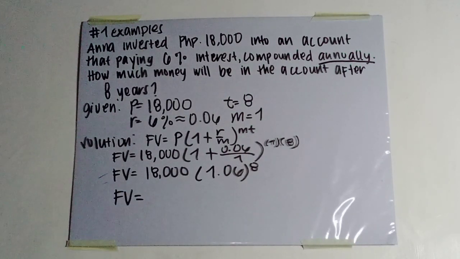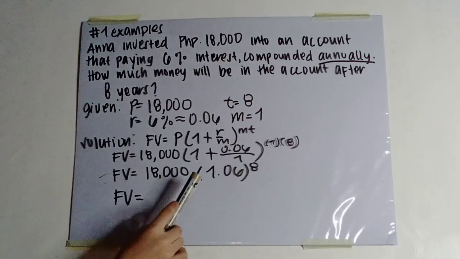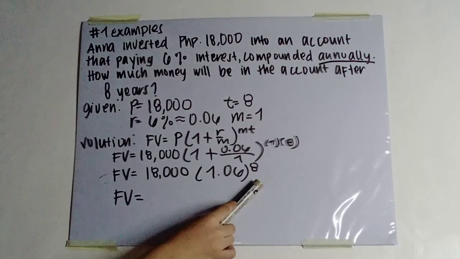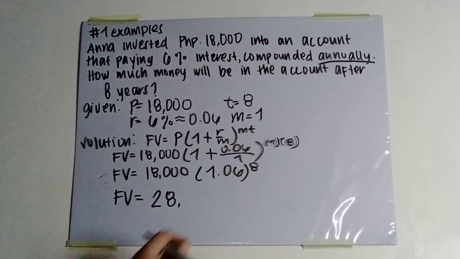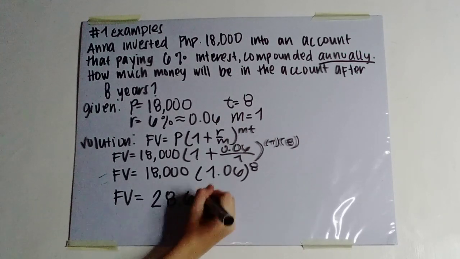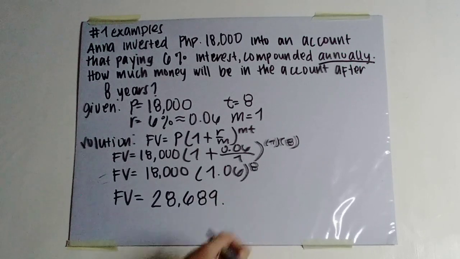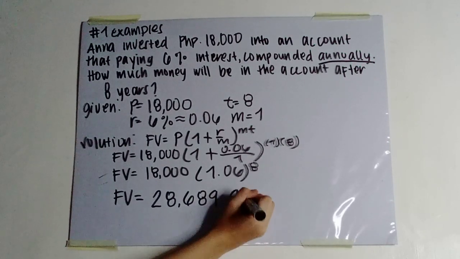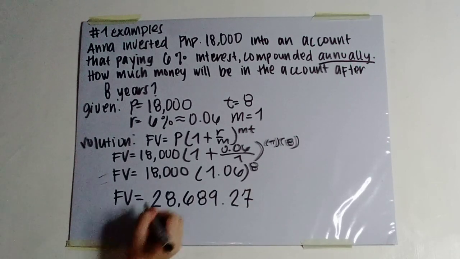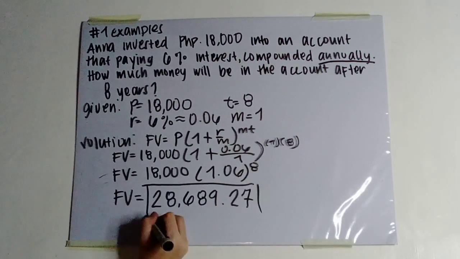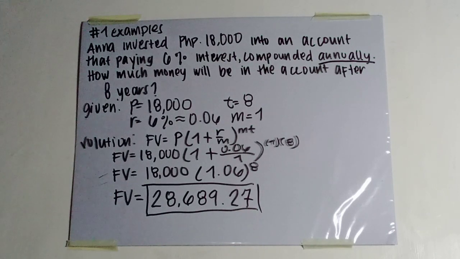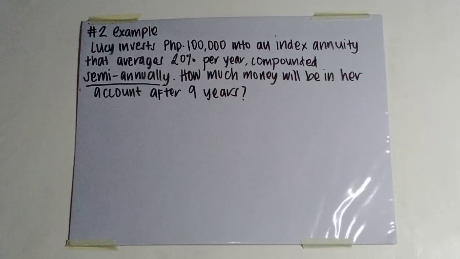Then solve it. 18,000 times 1.06 raised to 8 equals 28,689.27. So the money in the account after 8 years is 28,689.27 pesos.